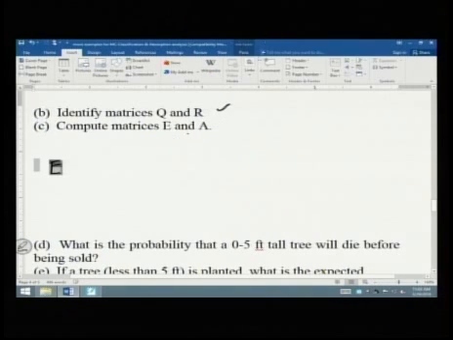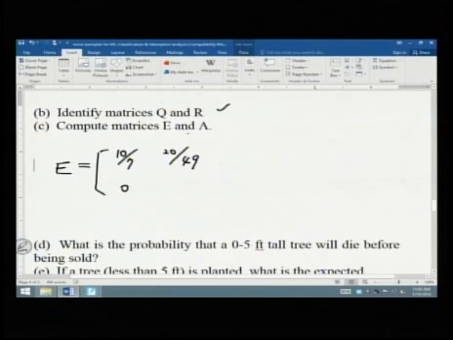The E matrix has to be 2 by 2, and I have 10 over 7, 20 over 49, 0, 10 over 7.